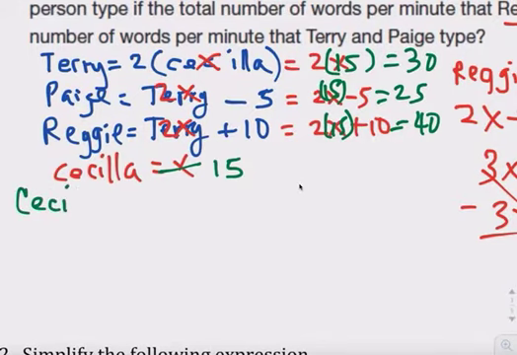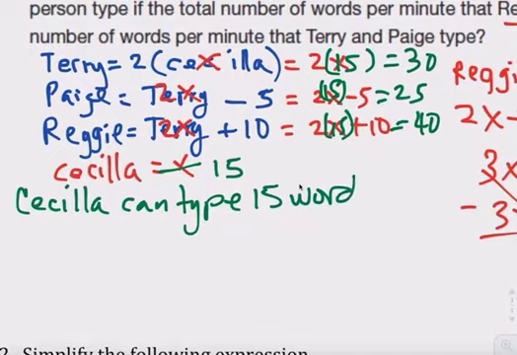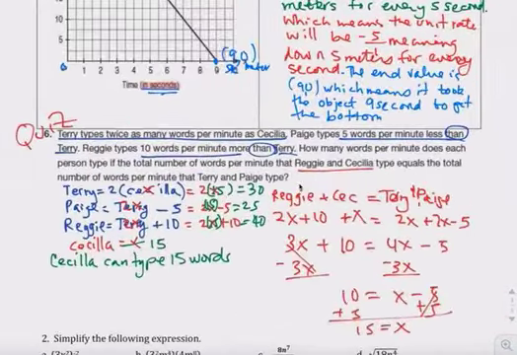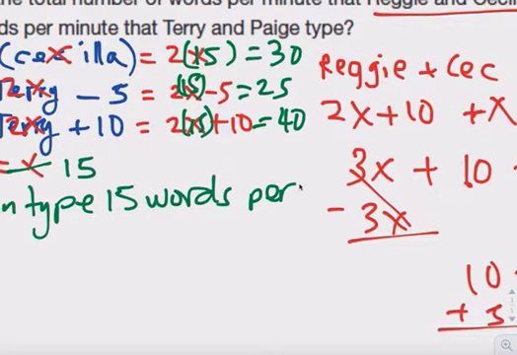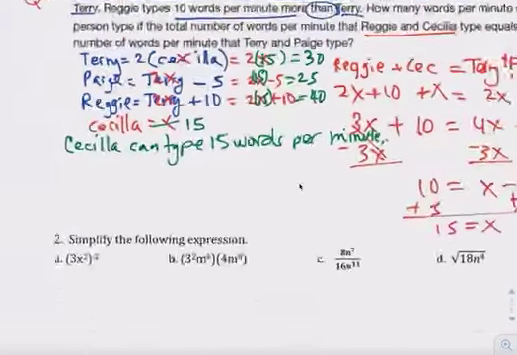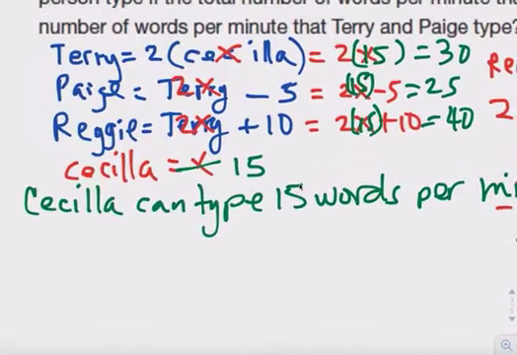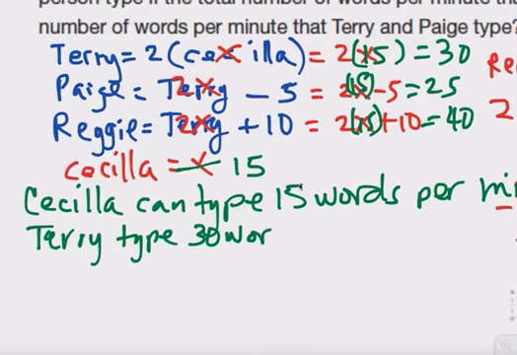Cecilia can type 15 words per minute. Terry types 30 words per minute.